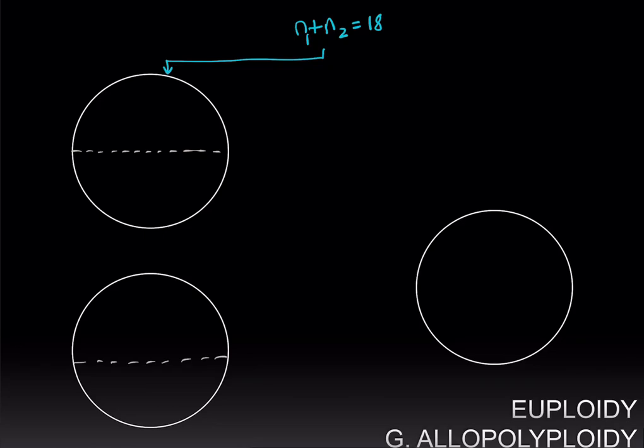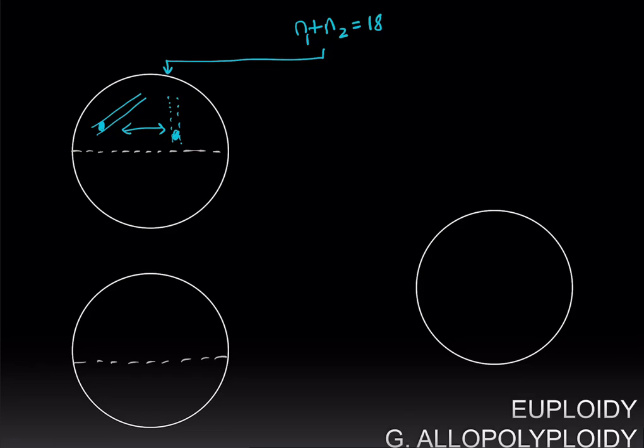And what that means is that, let's say I have a pair of sister chromatids from Brassica, and I have another pair of sister chromatids from Raphanus. These are not going to synapse or pair up during prophase of meiosis 1, since they are not identical, or they're dissimilar enough that synapsis will not be possible.